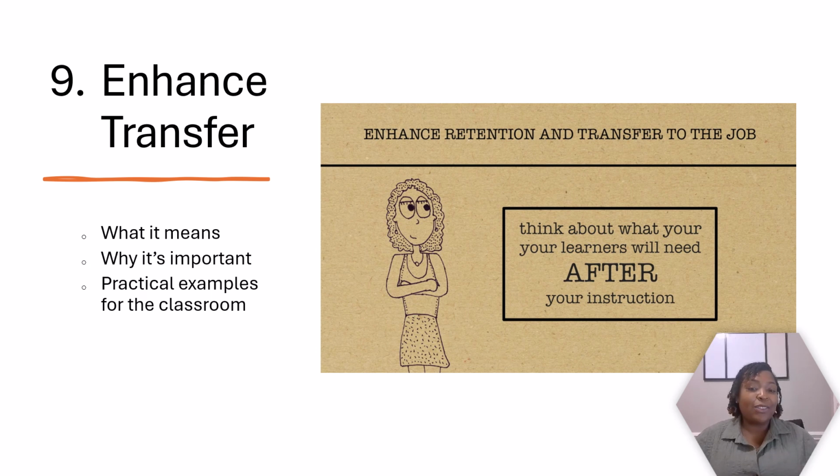Now, we have gotten through all of Gagne's 9 events. By systematically applying these events, you can create structured, engaging, and effective lessons that cater to the diverse learning needs of your students. Now, let's talk a little bit further about application and practice for you.